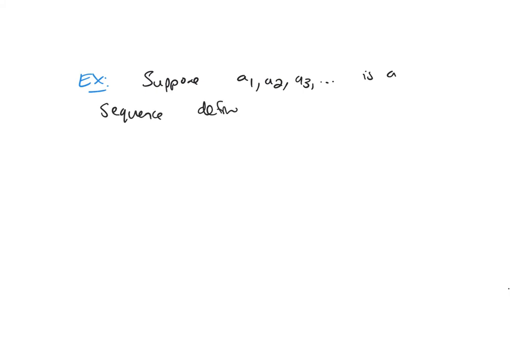So let's look at another example of a place where we would use strong induction. Let's suppose that my sequence A1, A2, A3, and so on is defined as follows.